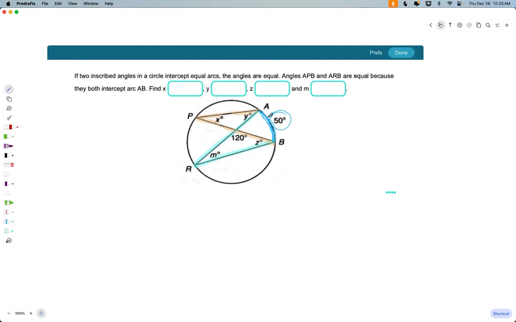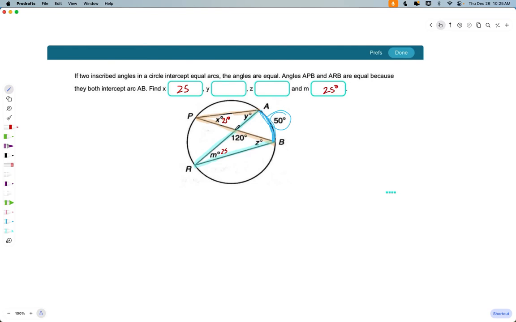I'm sorry, it is half the arc. So this X is equal to 25 degrees because it's half of 50. So this is 25. And this angle here, ARB, M, is going to be the same thing. It's 25 also. So M is also equal to 25 degrees. All right, so you got 25 and 25.